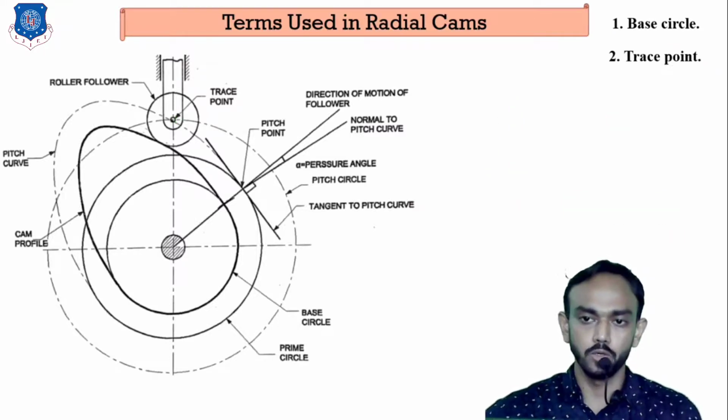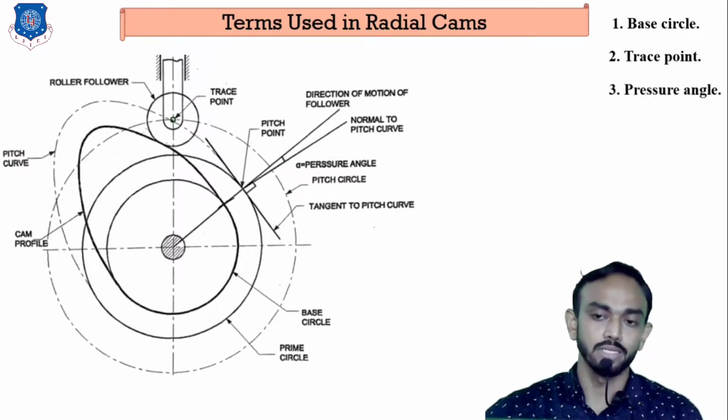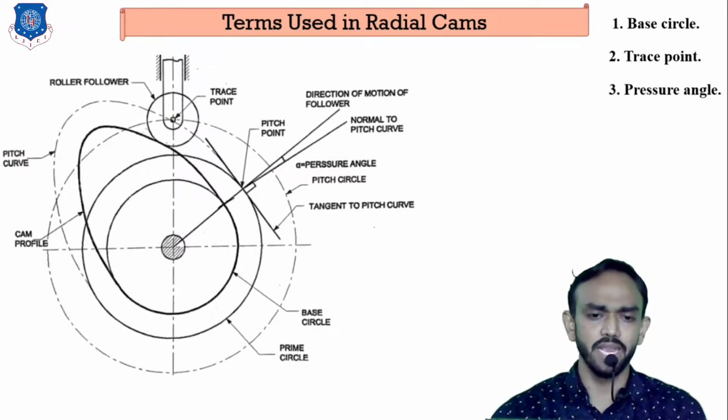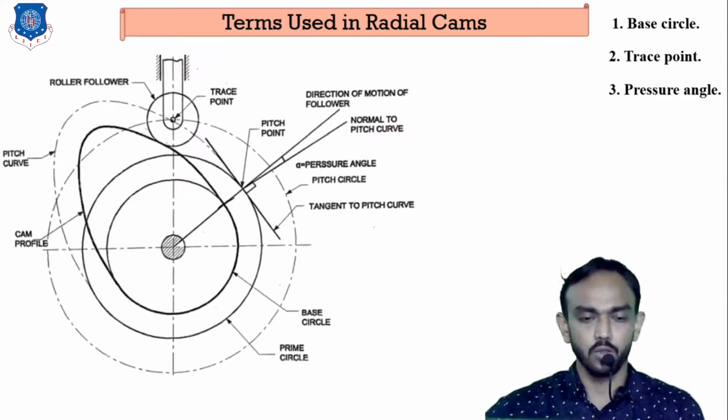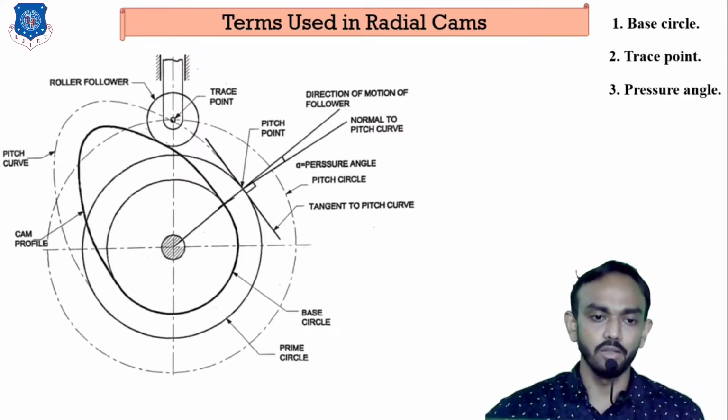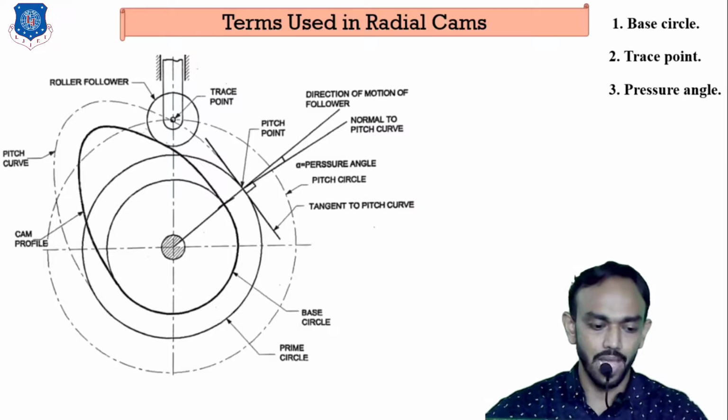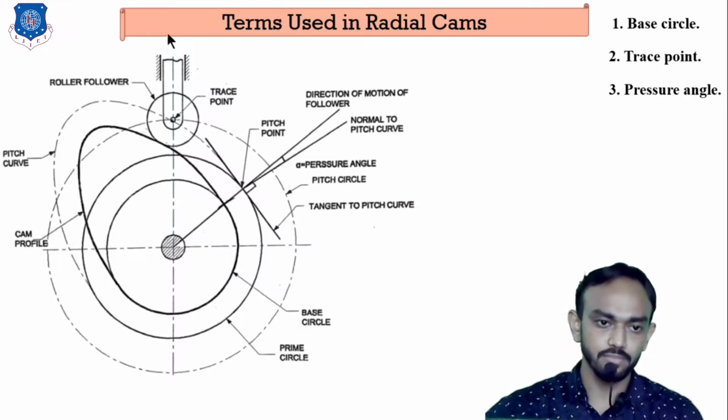Now we are going to the third, which is known as the pressure angle, which is very important. Pressure angle is the angle between the line of action of the follower and the common normal at a point of the surface. So I am giving you an example.